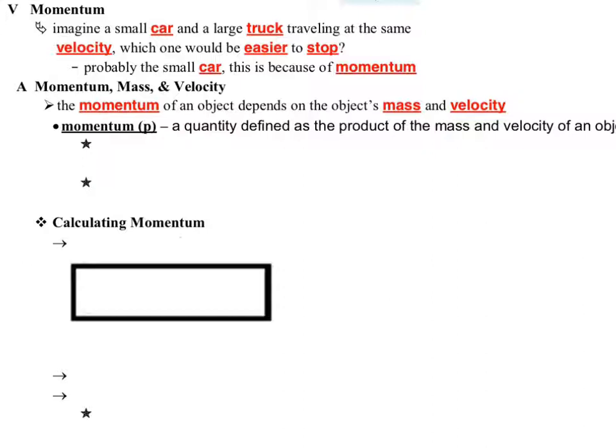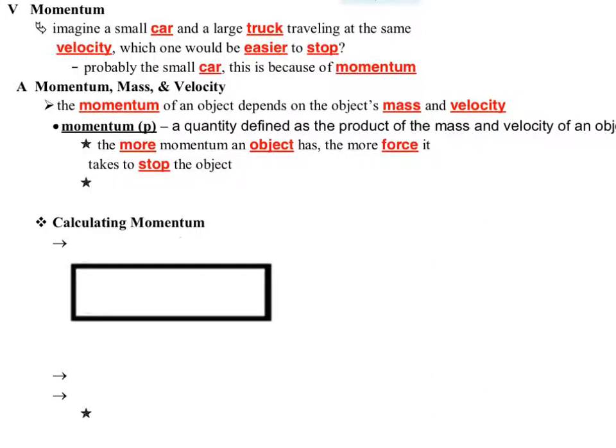The more momentum an object has, what happens to the force it takes to stop the object? The answer is the more momentum an object has, the more force it takes to stop the object. How about the amount of force needed to change the direction of this moving object?